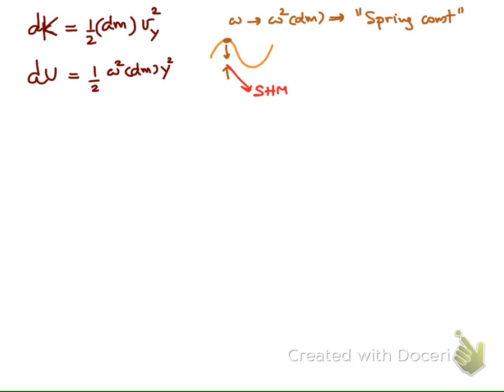Now, this is the kinetic energy and the potential energy of just one element of the wave. If we want to calculate the total energy along the wave, maybe the total energy that the wave carries in one wavelength, that is more useful.